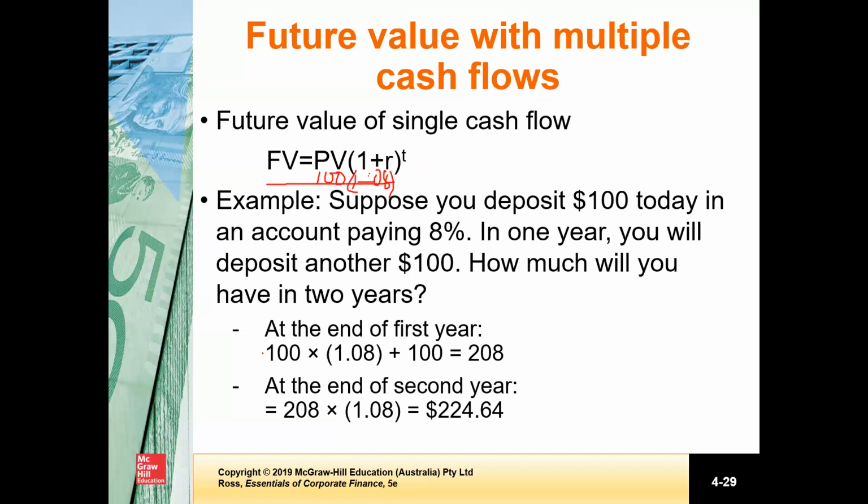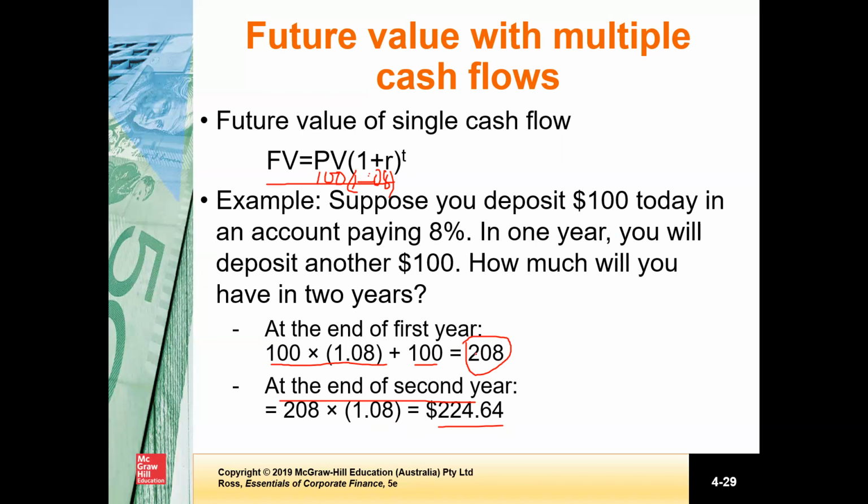You can see that at the end of first year, 100 will grow to 108, and you deposit another 100. So at the end of 1 year, it becomes 208 with the second year's deposit. And at the end of second year, it becomes 224.64.